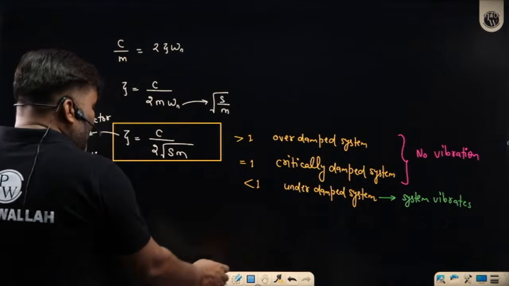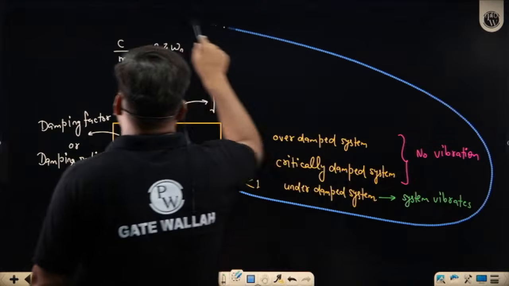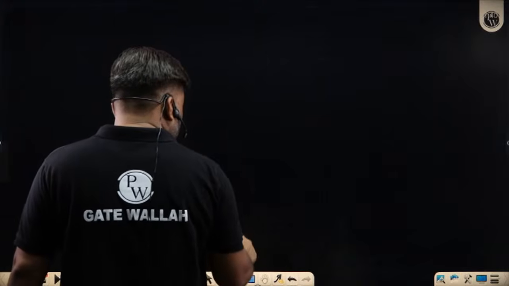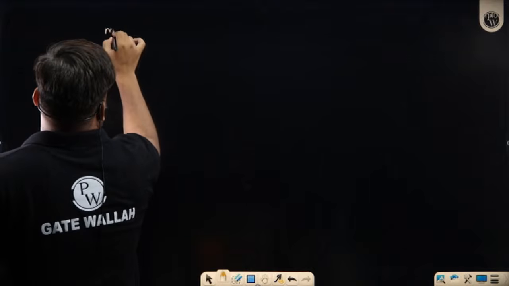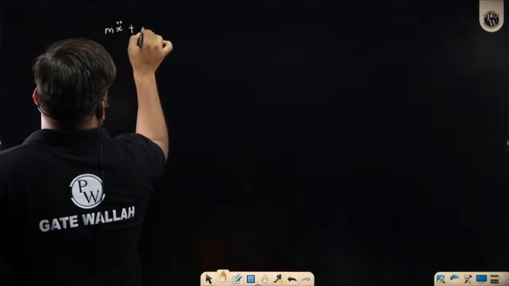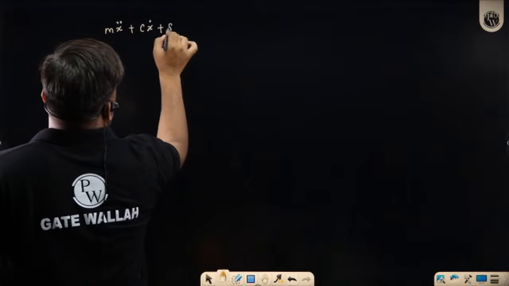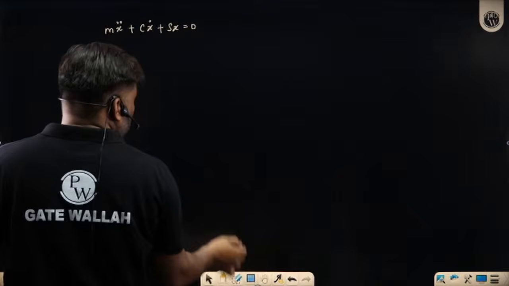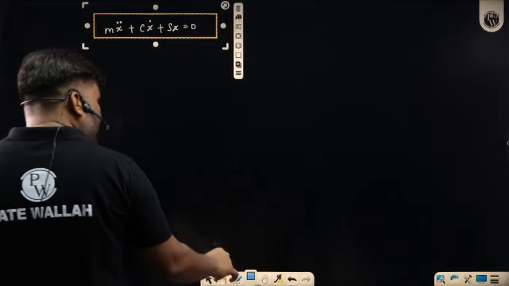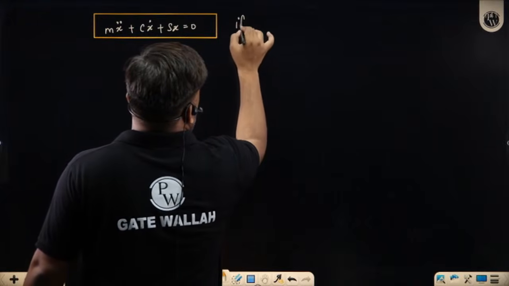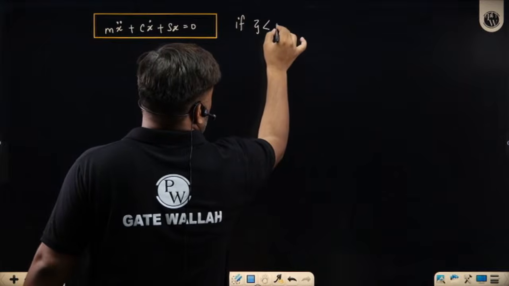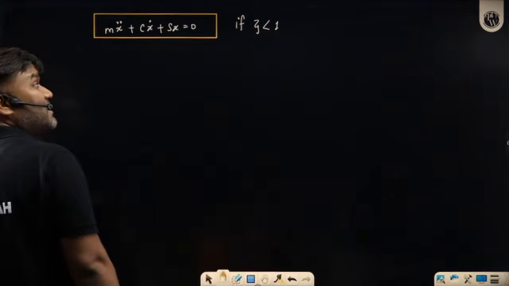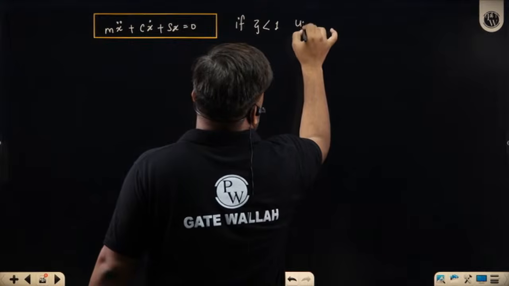Now, if I have an underdamped system, keep that in mind. The equation of motion is m x double dot plus c x dot plus s x is equal to 0. This is my equation of motion for an underdamped system. If zeta is less than 1, it is the underdamped situation.